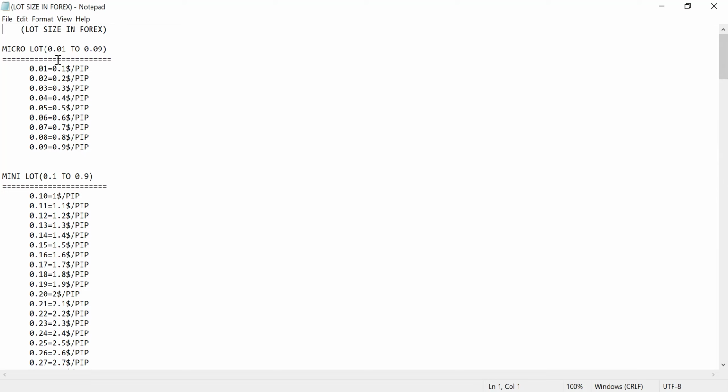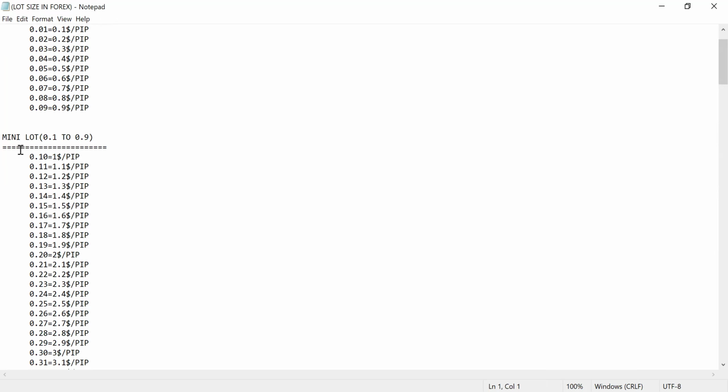So anything that falls under 0.01 to 0.09 is a micro lot. If you take a 0.01 trade and it moves 1 pip in your favor, you're going to be making $0.01. The same thing, if you take a 0.09 trade and it moves 1 pip in your favor, you're going to be making $0.09.